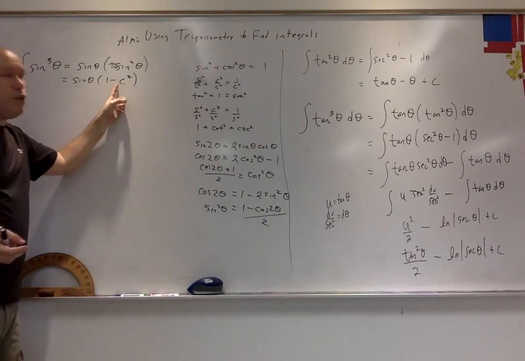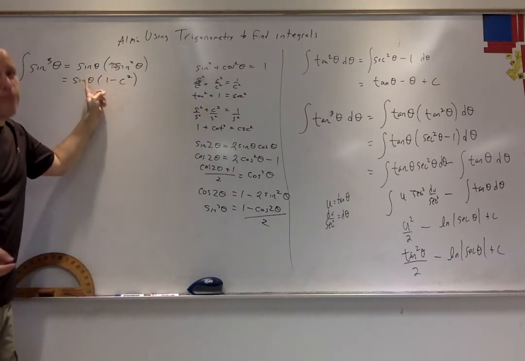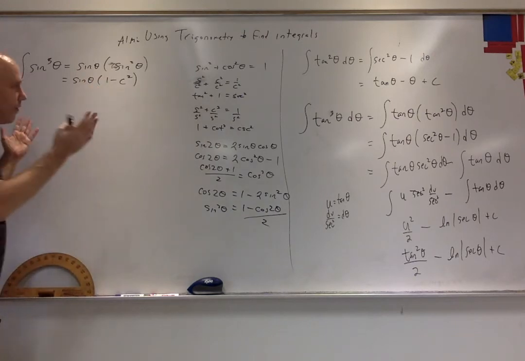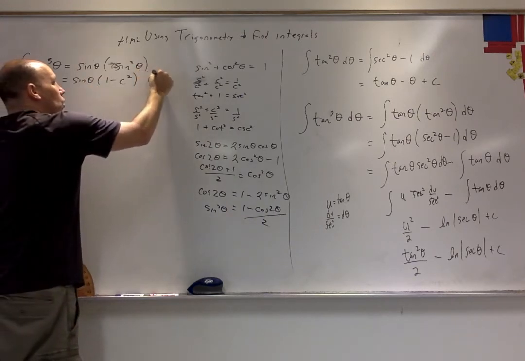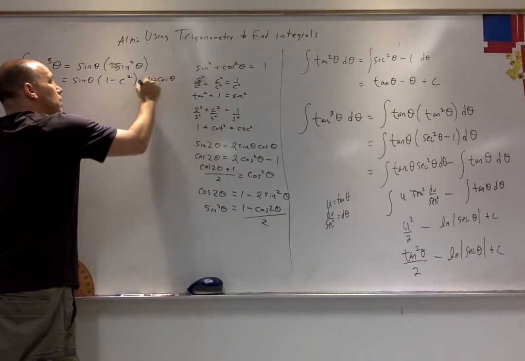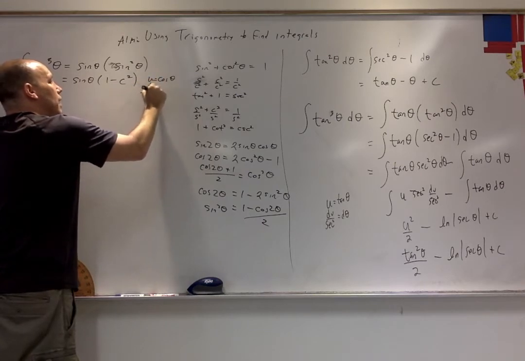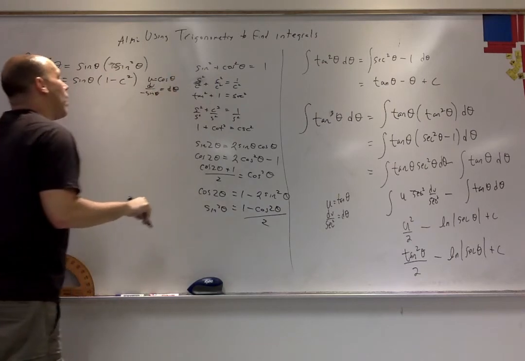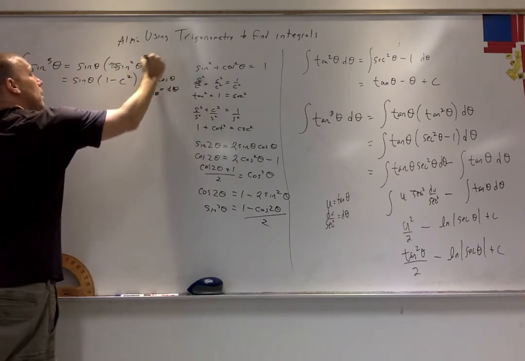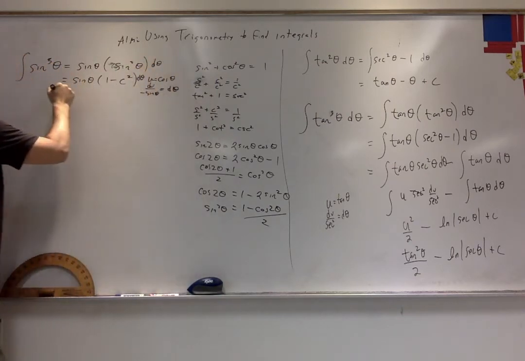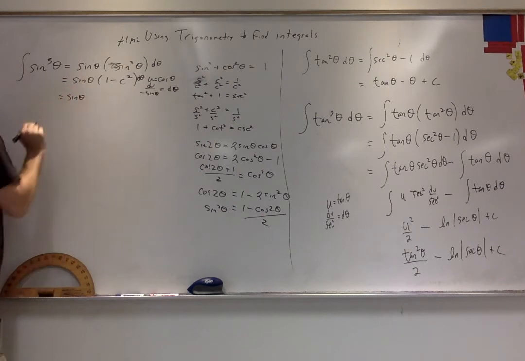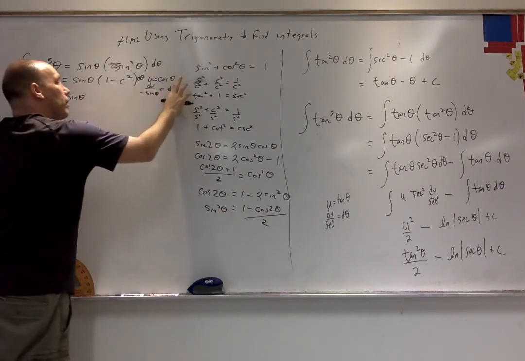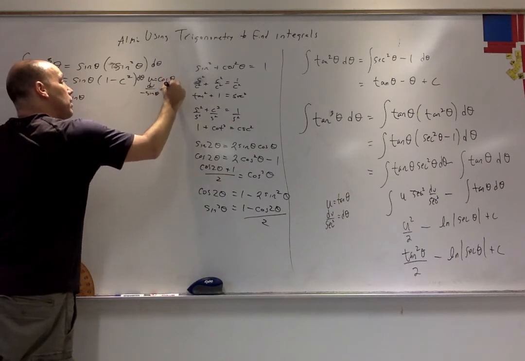Well, if we let u be cosine, the derivative knocks out the sine. So let u equal cosine theta. So du over negative sine theta equals d theta, right?